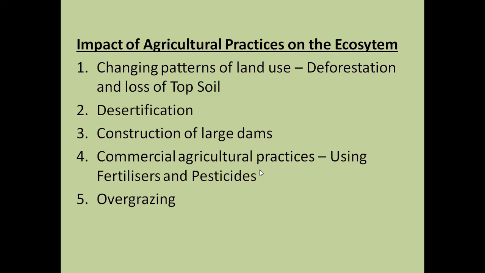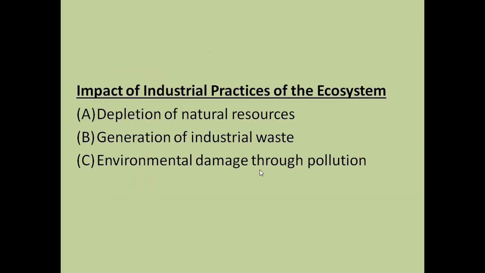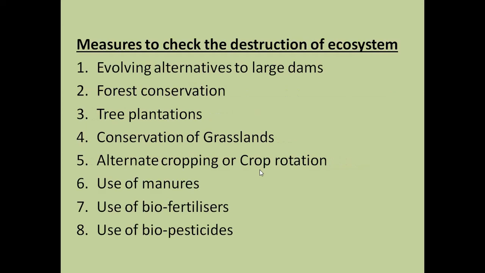So if these are the problems, then what are the measures to check the destruction of the ecosystem? Number one, evolving alternatives to large dams. Whatever dams have been constructed, there must be some kind of alternative way.